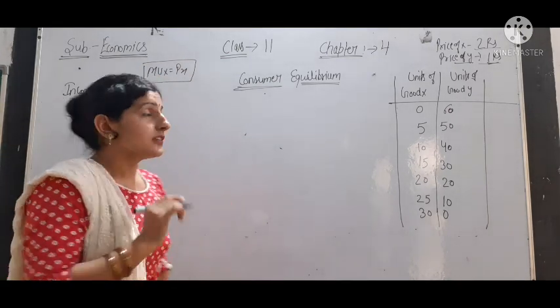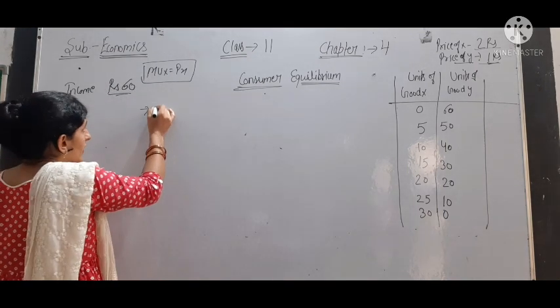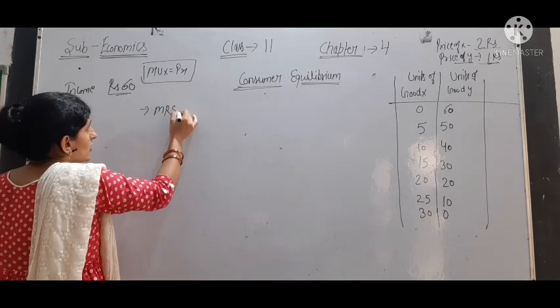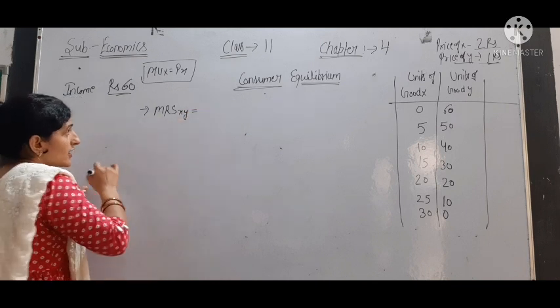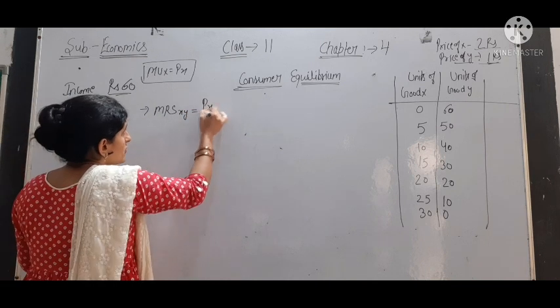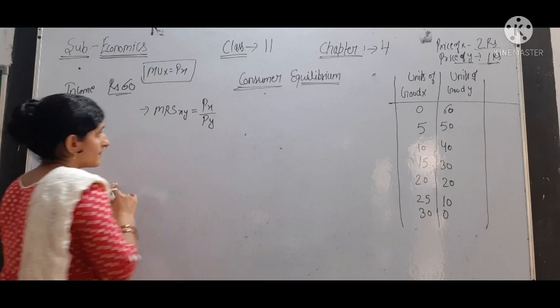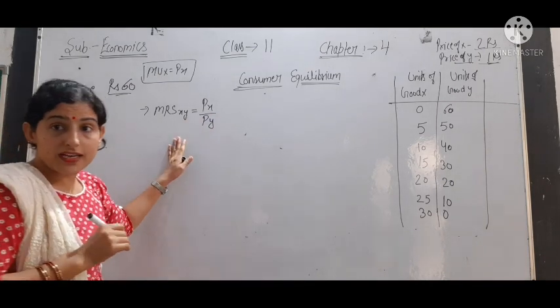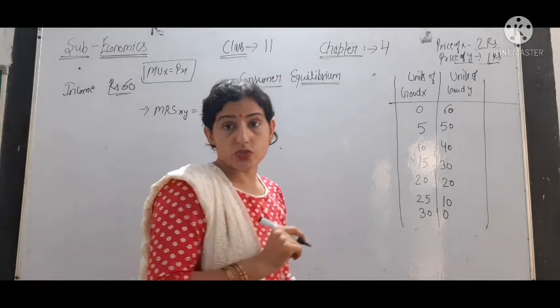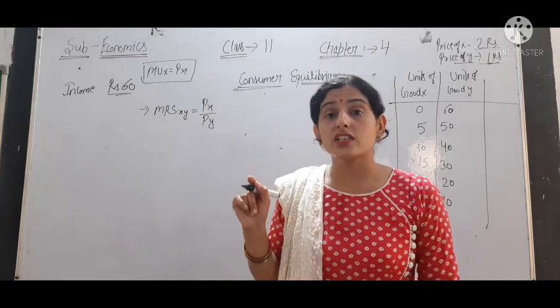But here the first condition is MRS of XY is equal to price of X upon price of Y. What does it mean? MRS is the marginal rate of substitution.